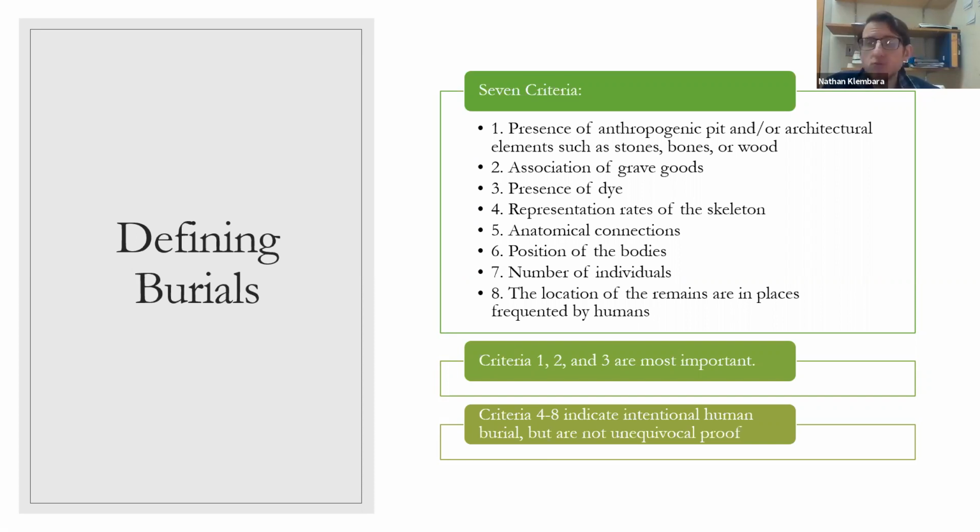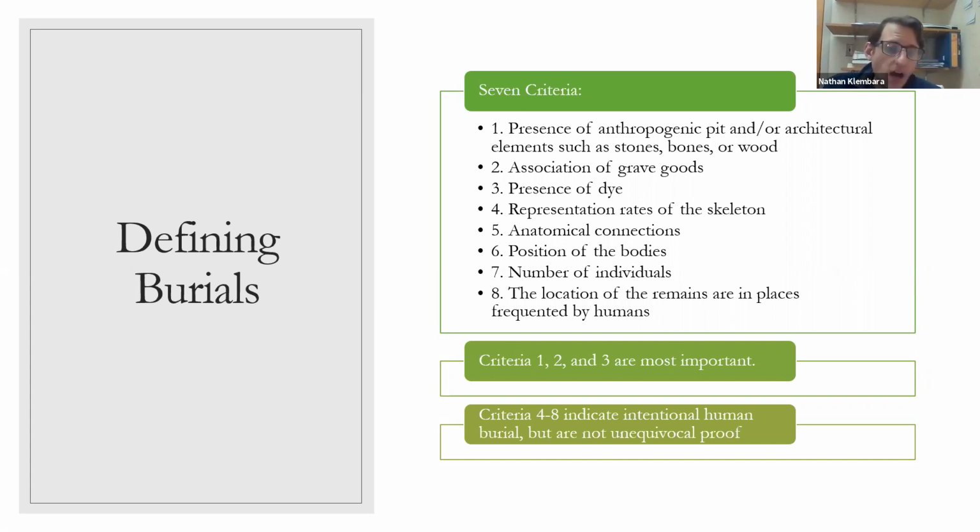And then finally, the presence of some kind of dyes, like using red ochre to color the bodies, or other kinds of pigments to ritually color certain parts of the body for whatever religious or cosmological reasons. Right? These first 3 criteria are the most important. If we find archaeologically any of numbers 1 through 3, we know that it is a burial and that it is not disposal, because they are doing something extra with the body, right?